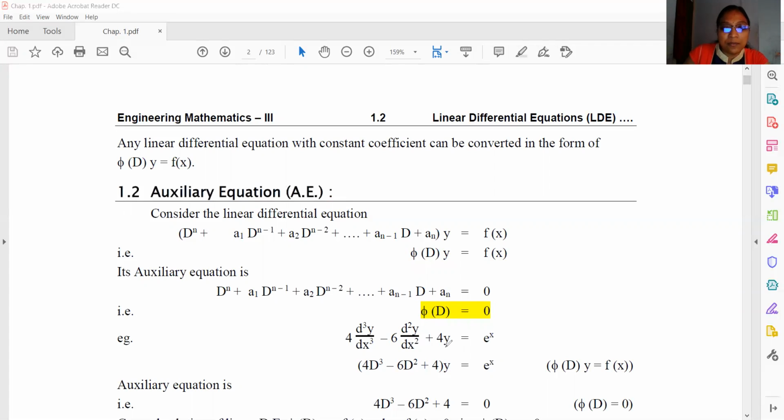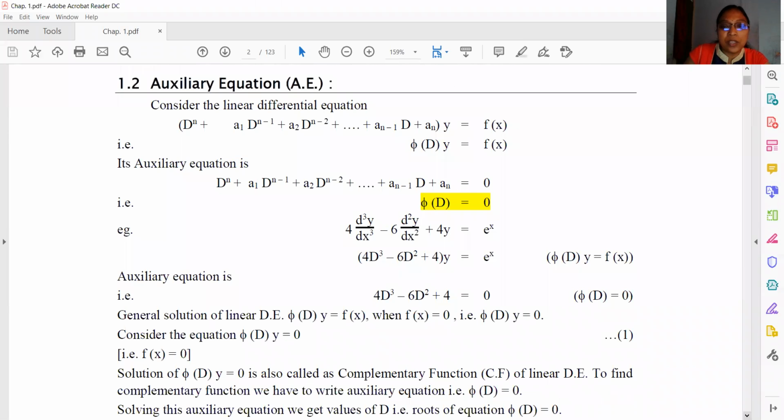Suppose we have this differential equation 4d³y/dx³ minus 6d²y/dx² plus 4y equal to e^x, a linear differential equation with constant coefficients. When you convert this in terms of capital D, this is 4D³ minus 6D² plus 4, taking y common.